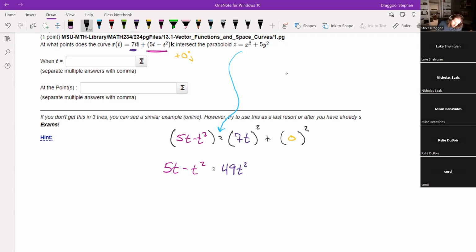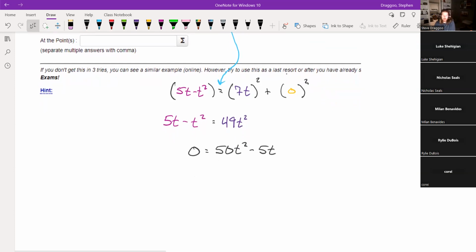Reorganize some of these thoughts, and I should get 50t squared minus 5t equals 0. I just chose to group things so that my t squared coefficient was positive. And then I should factor the right side as much as I can.